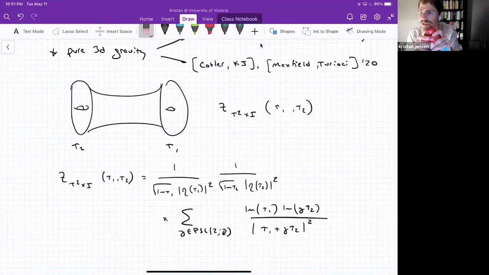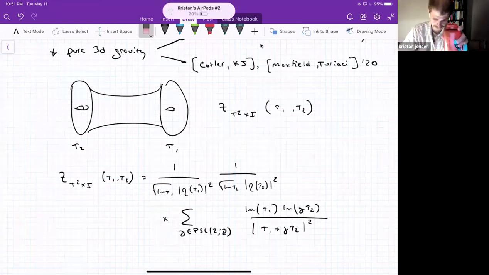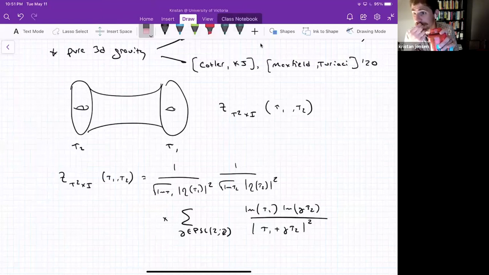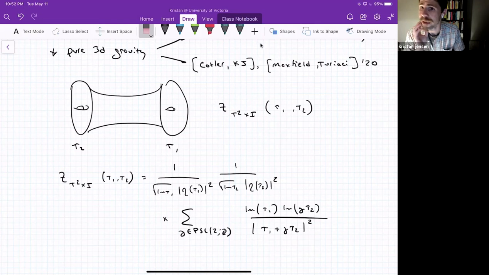But the result is actually simultaneously modular invariant under independent modular transformations of both boundary tori, even though there's a single modular sum. So this thing is quite constrained by symmetry. We had to work pretty hard to get it. There's evidence from some other viewpoints that it is really reliable. We have another work in progress with Brandon Rayhaun, which is computing this another way in second order formalism. Yeah, it's a nice answer.